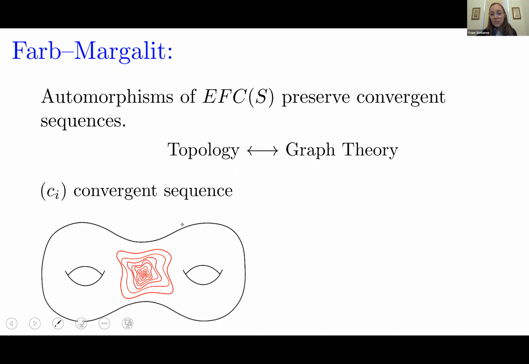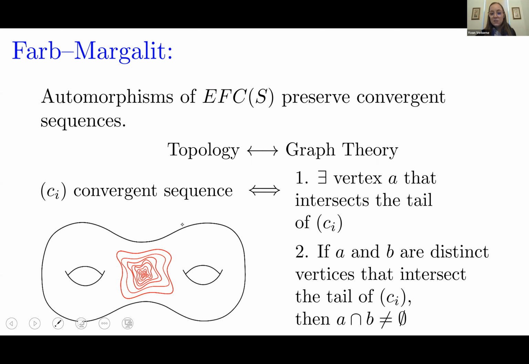If we take a convergent sequence on the surface, they were able to show that this is in direct correspondence with the following graph theoretical information. The first piece of graph theoretical information is that there will always exist a vertex A, which intersects the tail of the sequence. When we say that the vertex intersects the tail of the sequence, we mean that this vertex, so this curve in the surface, has to intersect infinitely many of the curves in the convergent sequence.